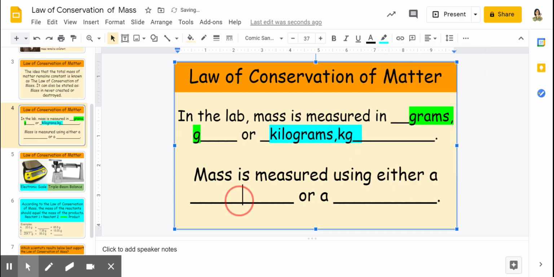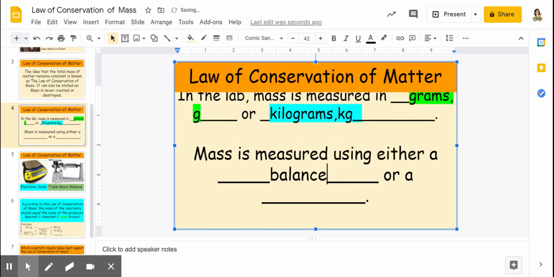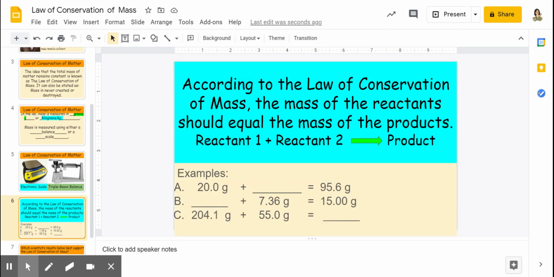This one here is measured using a triple beam balance, so you have your balance, and the other one should be a scale. Those are the ones, and of course, we can always answer this again later on. I gave you the answers for this as well. These are simple applications of the law of conservation of mass.